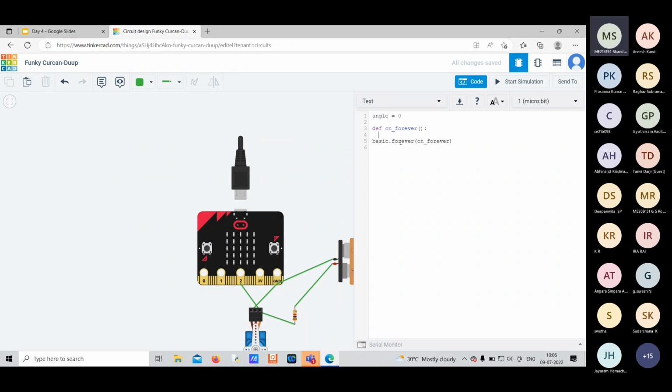That basic dot forever is the loop. This function basic dot forever is a looping function that tells your microbit to repeat a particular function on and on and again. So you're giving this name on forever to imply that it is going to be given as your function parameter inside your basic dot forever function.